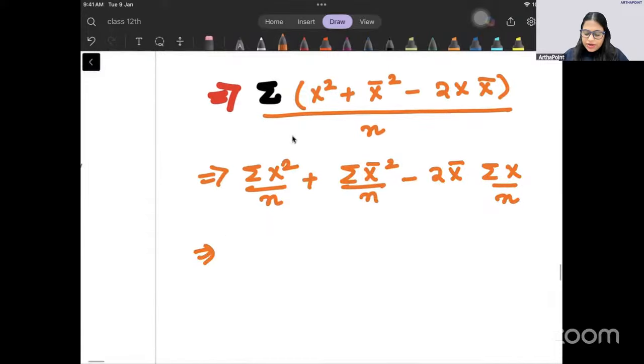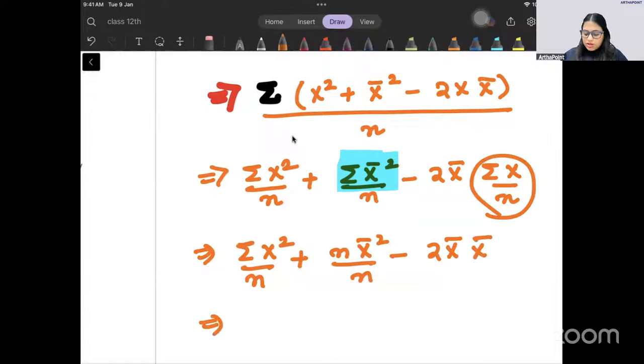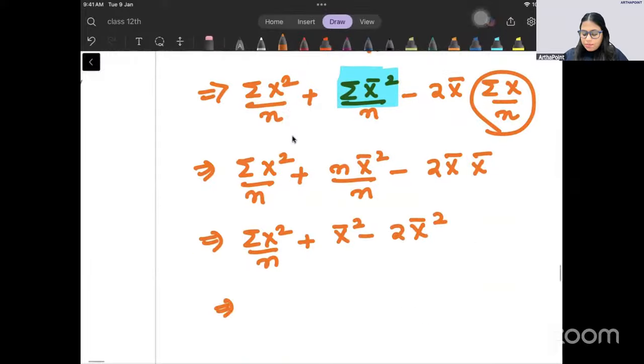That means I can write it as summation x square by n. Since x bar is getting summed up, it is getting added n times, so it will be n x bar square by n, minus 2x bar, and this is nothing but x bar. So this becomes summation x square by n plus x bar square minus 2x bar square, that is summation x square by n minus x bar whole square.